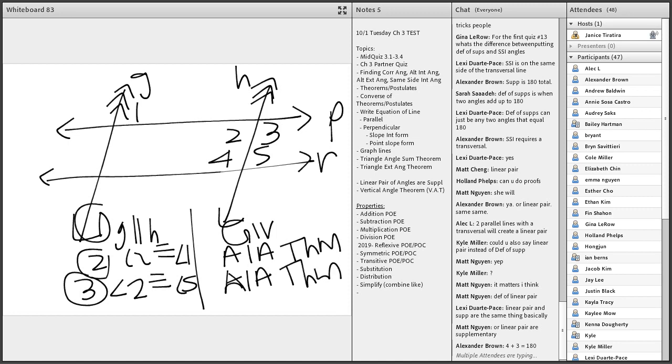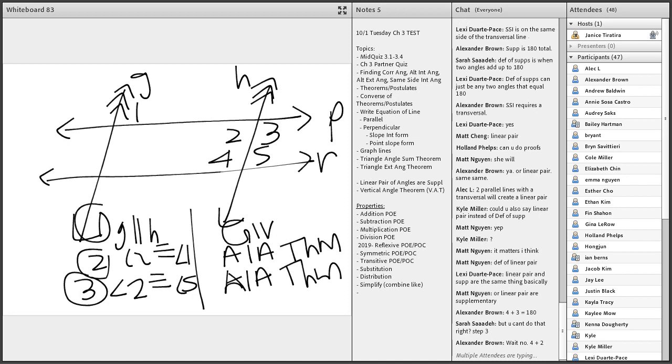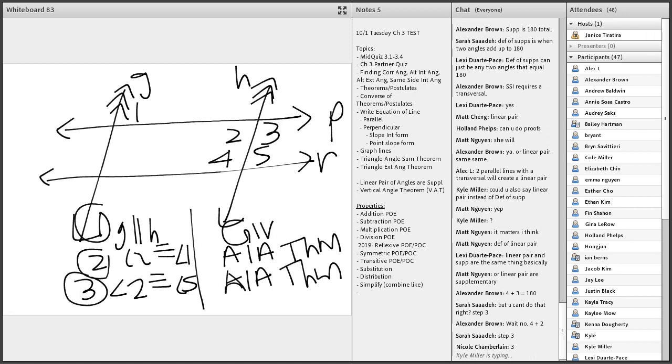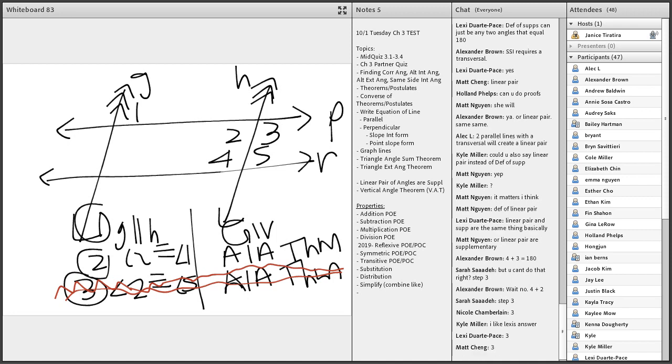So one of them is wrong. And it's because we don't have enough information. So is number 2 wrong or is number 3 wrong? And the answer is number 3 is wrong. I said it wrong. I was looking at 3, but yep, this one is wrong. Very good. That one is wrong because we never stated the fact that line P and R are parallel.